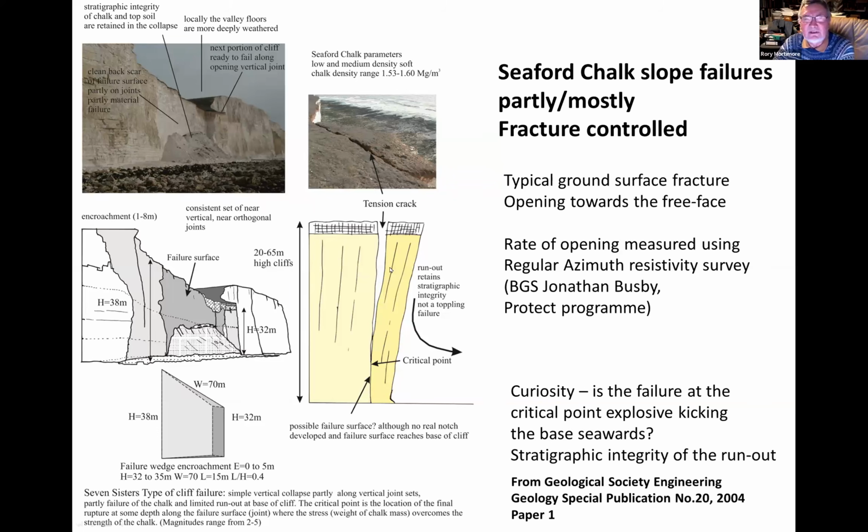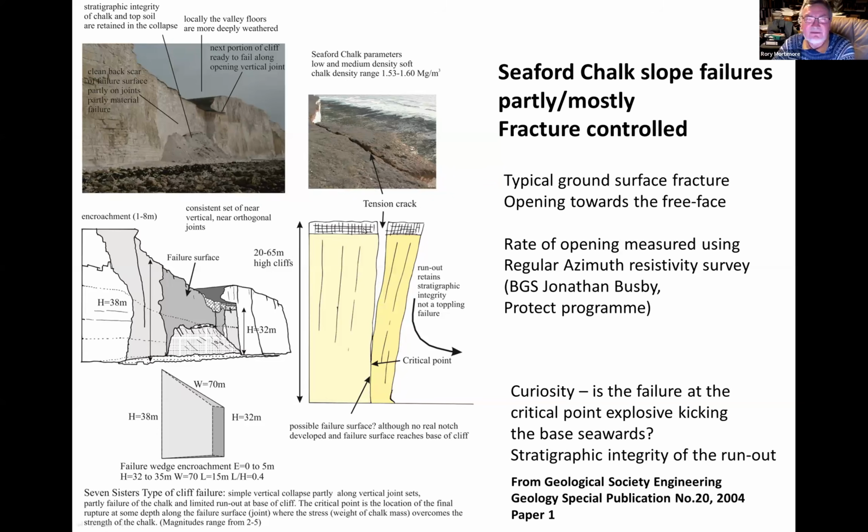So these vertical fractures in the Seven Sisters Seaford chalk formation, you can see the cracks opening along the top of the cliff here, and you're tending to get almost like big slab failures in the cliffs, all the way along the cliffs. And these can be relatively thin slabs, but taking out up to about 5 to 7 meters sometimes of cliff at the top.